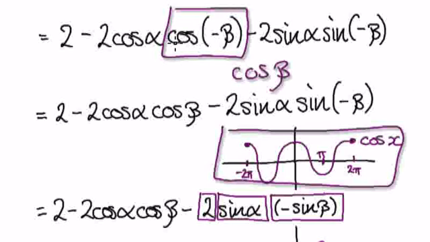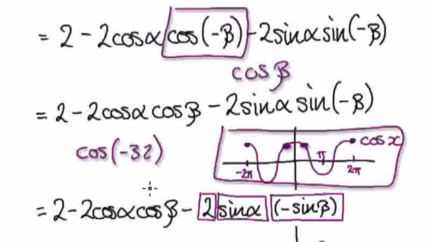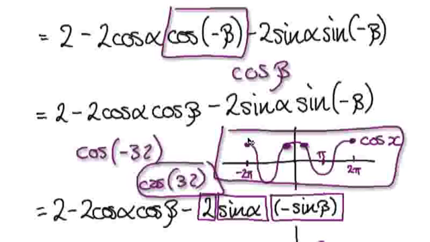Rather than finding cos of minus 32, you could just do cos of 32. You're allowed to do that because you know it's an even function.